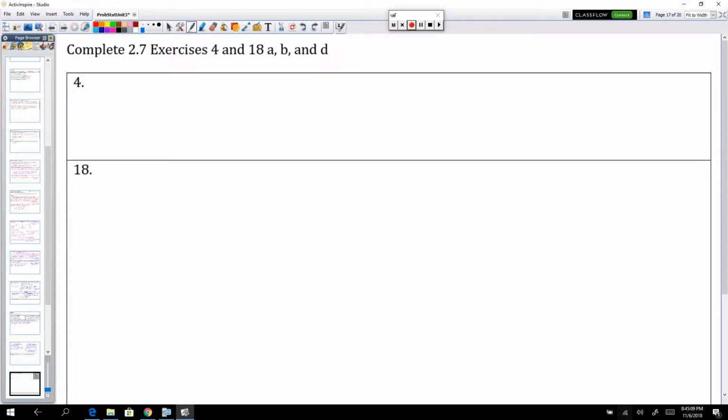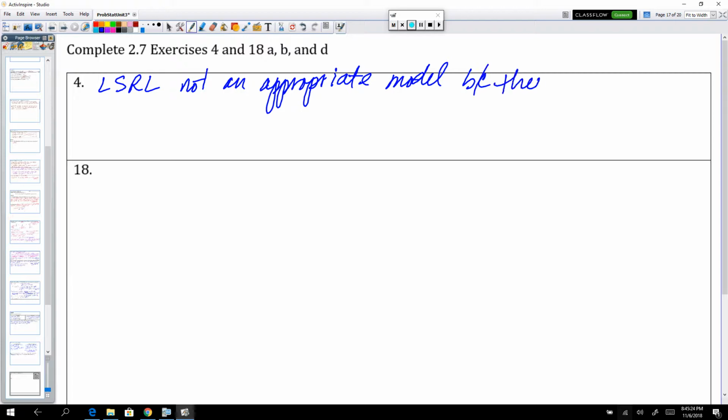So we will declare for question 4 that the least squares regression line is not an appropriate model because there's a U-shaped curve in the residual plot.